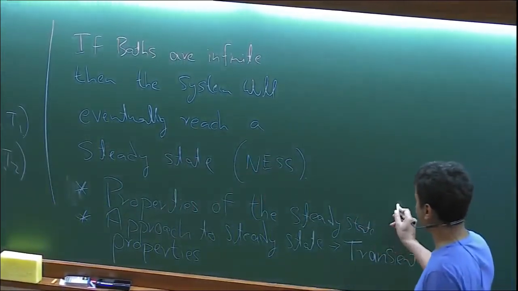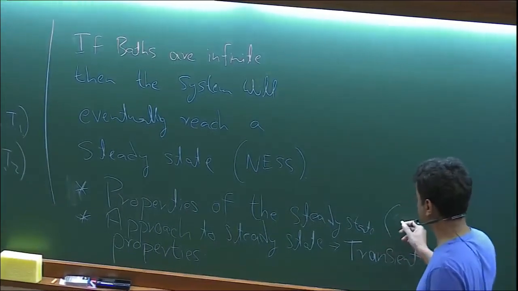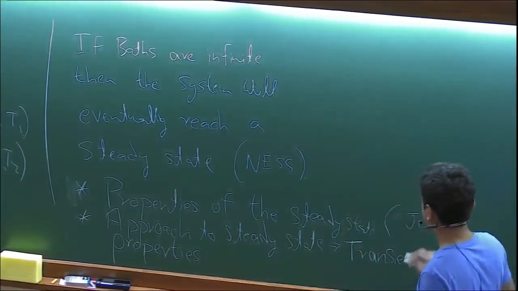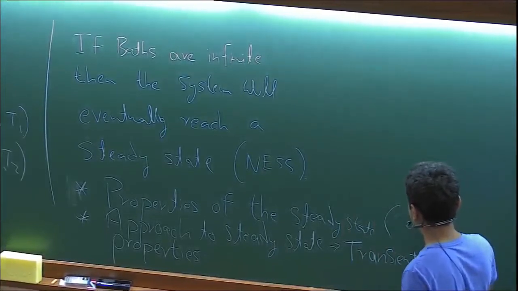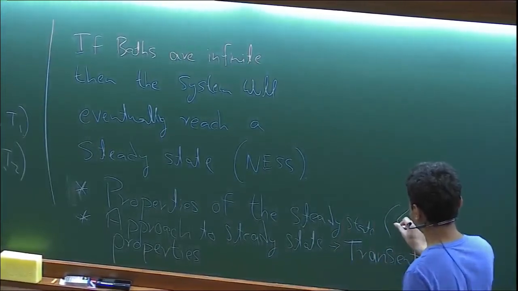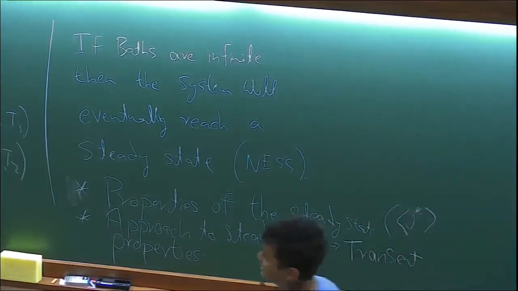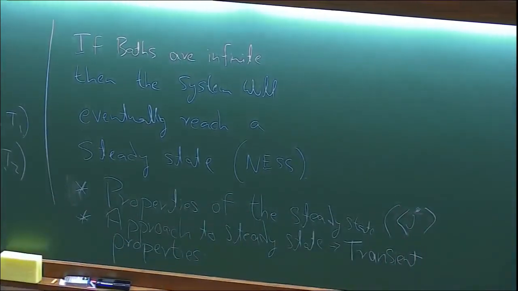We could ask, for example, what is the current going through the system. I'll call it J, and this average is the steady state average. What is the current flowing between these two sides, 1 and 2? I can ask, on average, how much current is going through, or I can ask what is the density here and the density here.